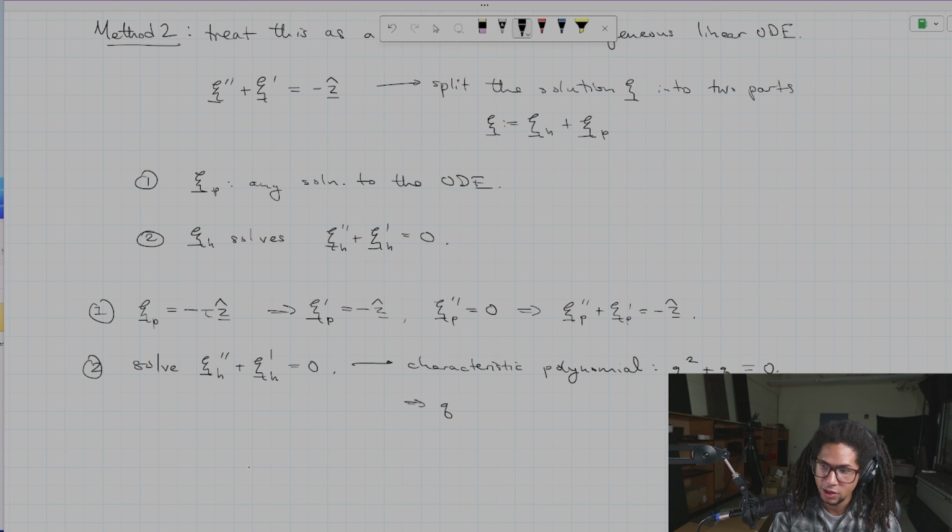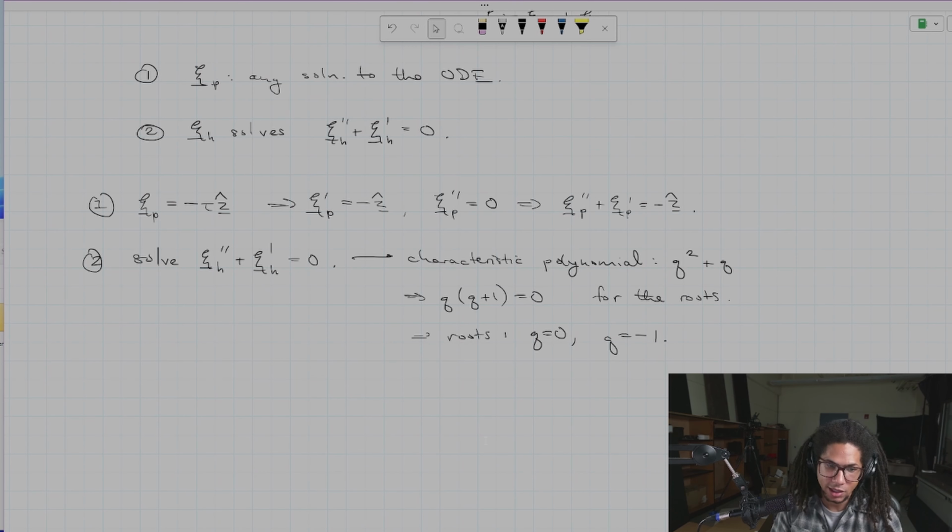So I have q times q plus 1 is equal to 0 to find the roots. And this implies that the roots are q equals 0 and q equals minus 1.